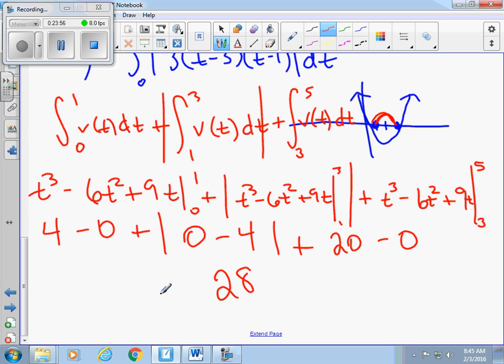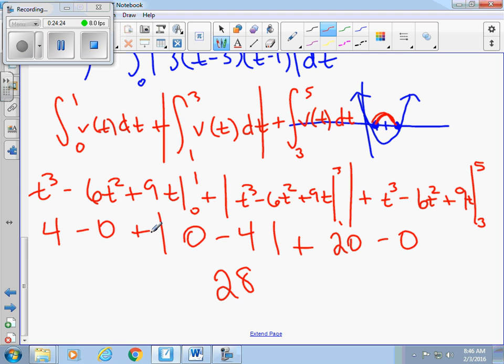What I would really have done if I were really doing this is I would have written more out. Don't do all that in your head. On the AP exam, do some side notes. Could you have left it like that and gotten the points? Yes, you could have left it like this and gotten all the points. No, you have to show the plugging in. Now, you could have left it as 1 cubed minus 6 times 1 squared. If you wanted to write all that out, you could leave it like that.